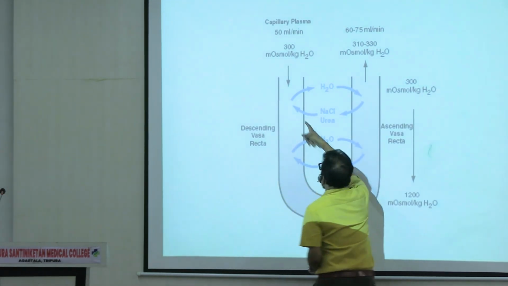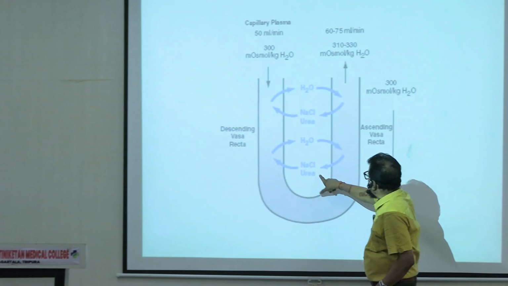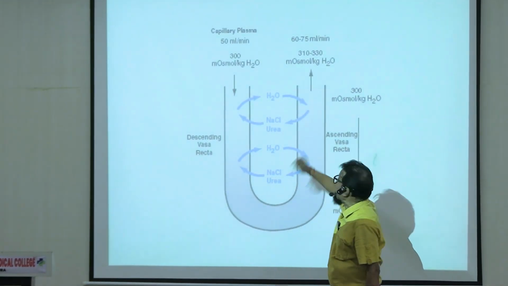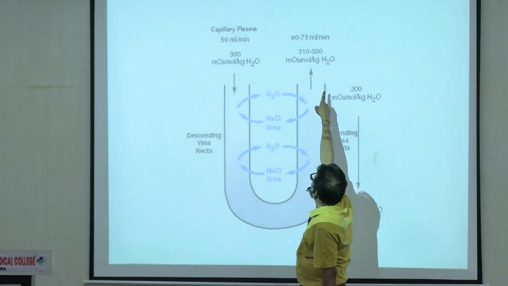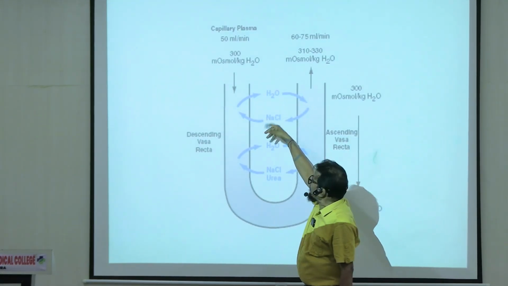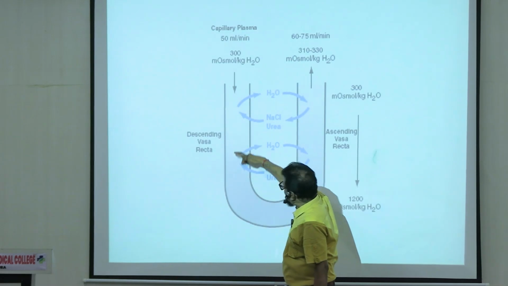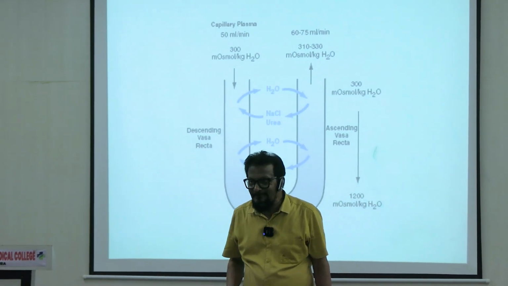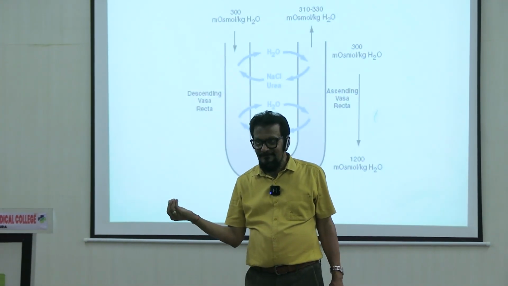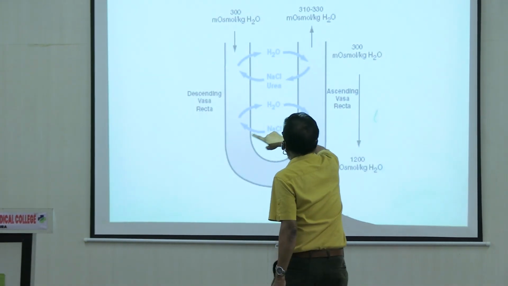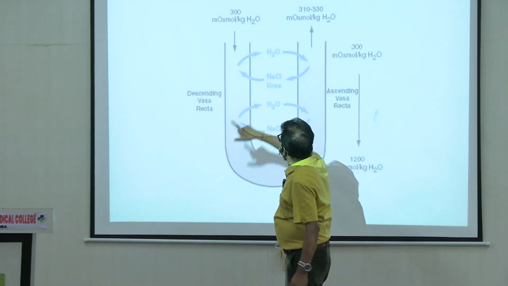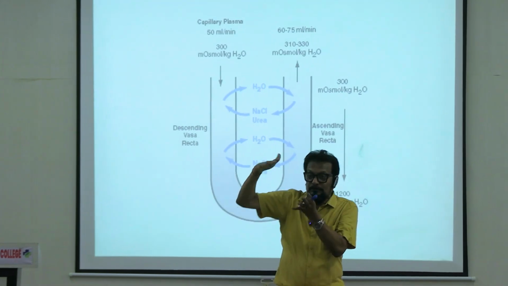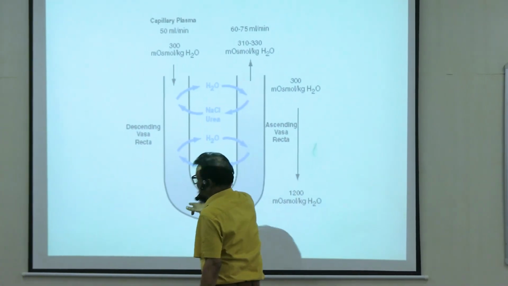But as it flows through, sodium chloride enters and it becomes gradually concentrated, because this area and this area must be almost the same. How? Entry of sodium ions and exit of water. Water is exiting, sodium chloride is entering. Urea is also entering. As a result, its concentration and osmolarity are increasing. Here it becomes maximum.